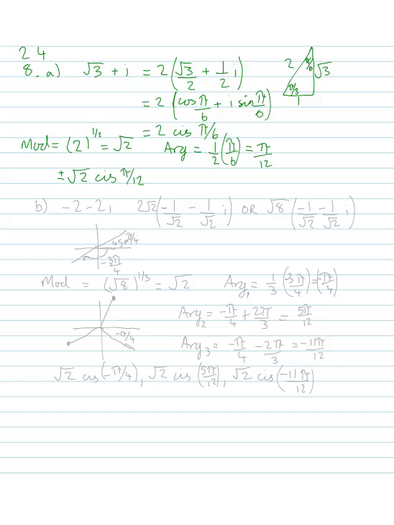Okay, in part B, we're cube rooting minus 2i, and this is another complex number. Again, we're always trying to put it back into exact values. Now, there's no root 3s, and there's no 2s, excuse me.